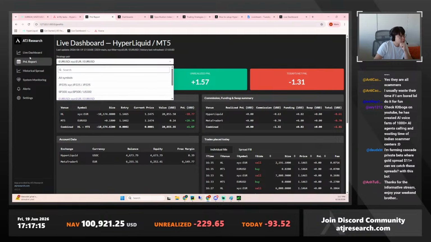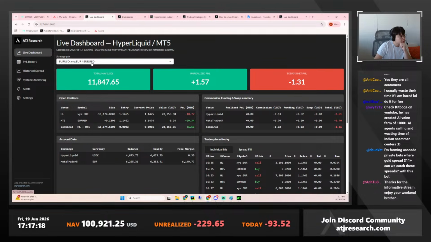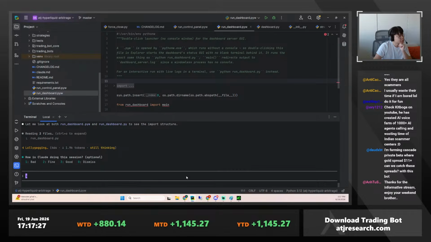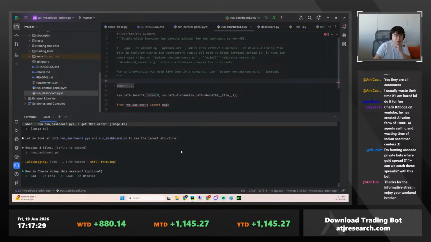Okay, let's look at the total P&L now. If we look at all symbols, I think my dashboard's not running yet, so we still need to finish for this to work.